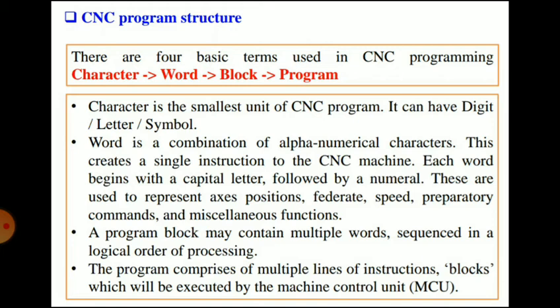Then a word is a combination of alphanumerical characters, which creates a single instruction to the CNC machine. Each word begins with a capital letter followed by a numeral. These are used to represent axis positions, feed rate, speed, preparatory commands, and miscellaneous functions.